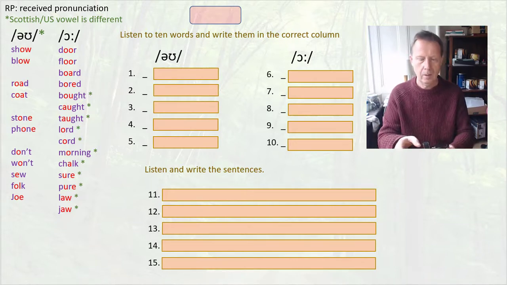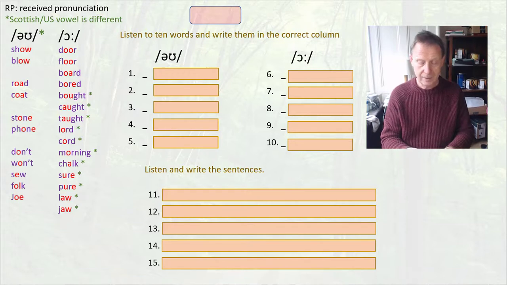Number 1, coat, coat. Number 2, close, close. Number 3, toe, toe. Number 4, snow, snow. Number 5, coke, coke.